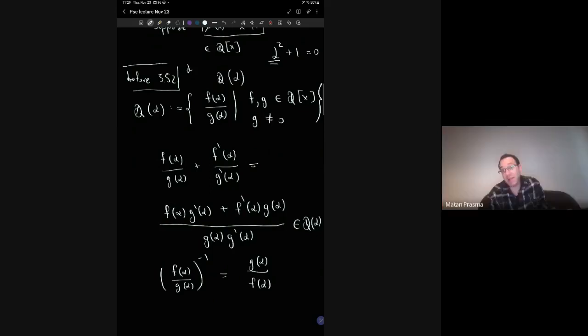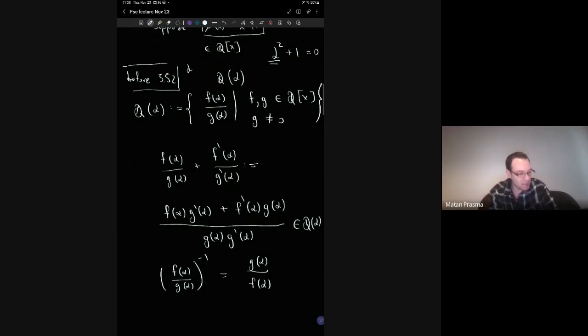I need to have a 0 and 1, neutral elements with respect to addition and multiplication, and I need to have associativity and distributivity and also inverses.